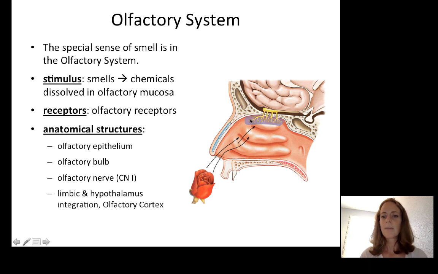The olfactory epithelium then will transmit this information in through cranial nerve 1, which is actually a group of olfactory nerves, and up to the olfactory bulb of the central nervous system. The olfactory bulb then will take the olfactory information and pass it into the brain to the olfactory cortex, where we will become aware of that smell. Hopefully it's a rosy smell.